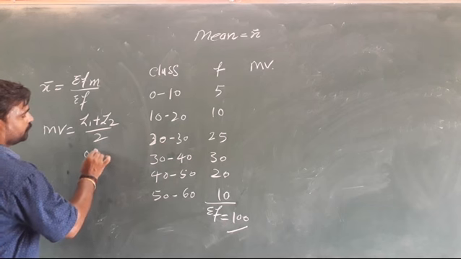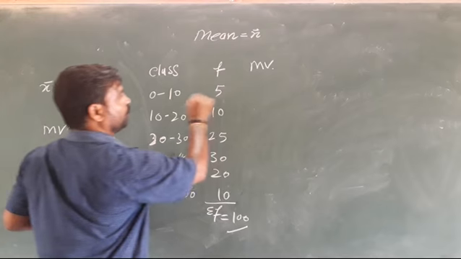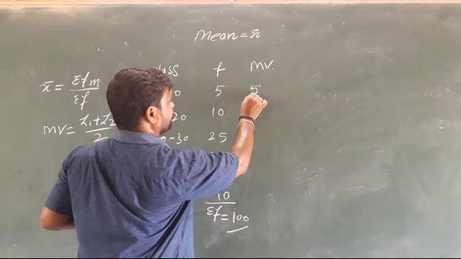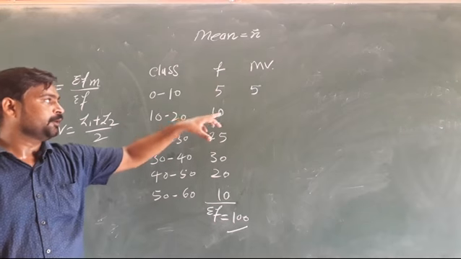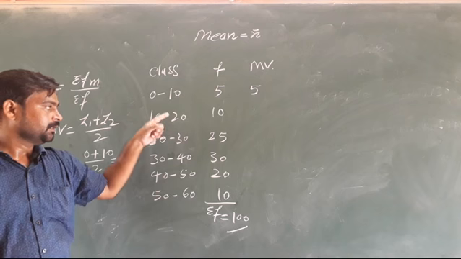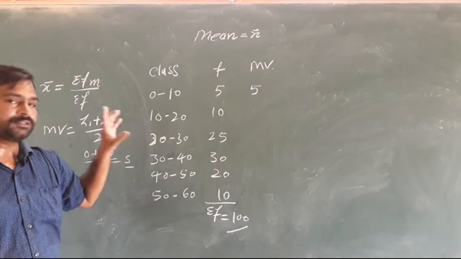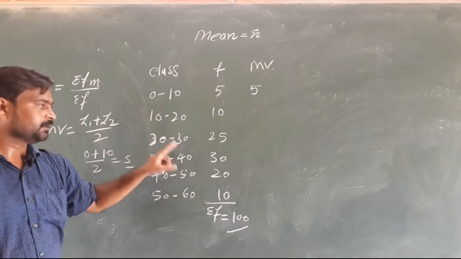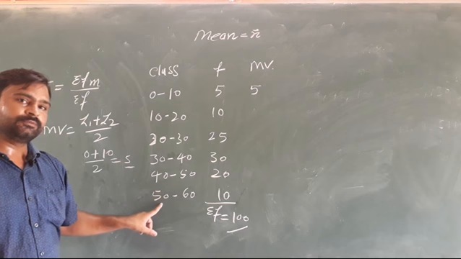First 0 plus 10 divided by 2, it becomes 5, means the mid value of this class is 5. And now you can easily find out the mid value by adding the difference between lower class and upper class. The difference is 10 minus 0 is 10, 20 minus 10 is 10, 30 minus 20 is 10, 40 minus 30 is 10, 50 minus 40 is 10, 60 minus 50 is 10.